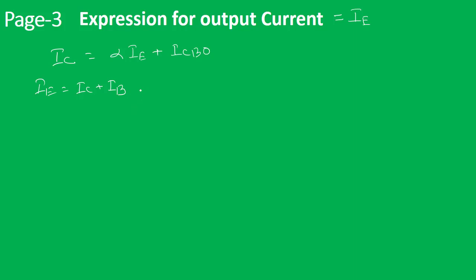Now if we substitute the value of IC from this equation into this equation, then we can write IE equal to IB plus alpha IE plus ICBO.